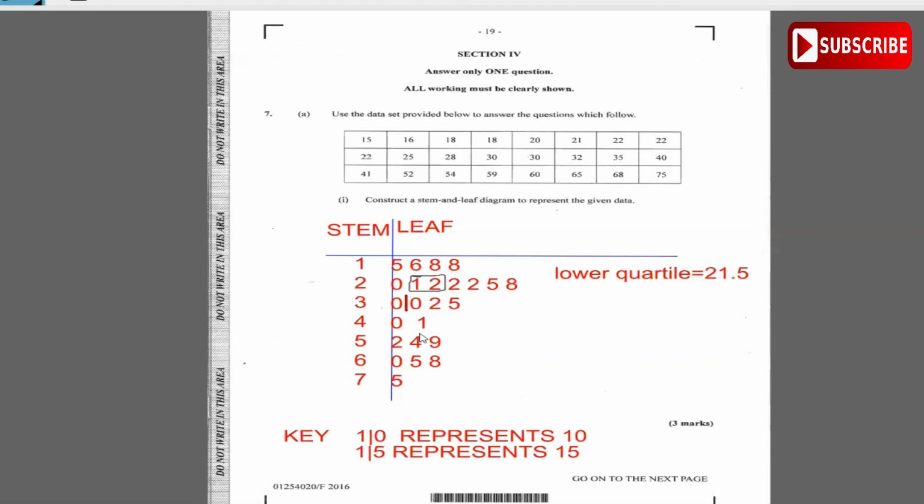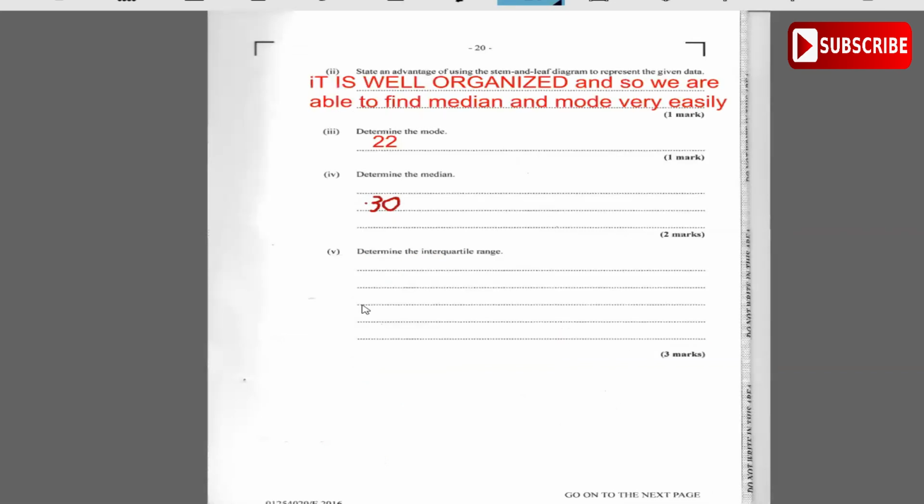Between the 18th and the 19th term is these two. The upper quartile looks like 50. Is that 53? Yes, 53. So the upper quartile is equal to 53.